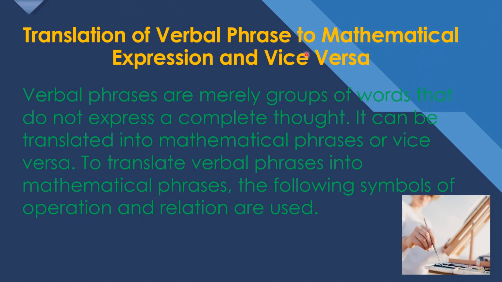Translation of verbal phrase to mathematical expressions and vice versa. Verbal phrases are merely groups of words that do not express a complete thought. It can be translated into mathematical phrases or vice versa. To translate verbal phrases into mathematical phrases, the following symbols of operations are used.